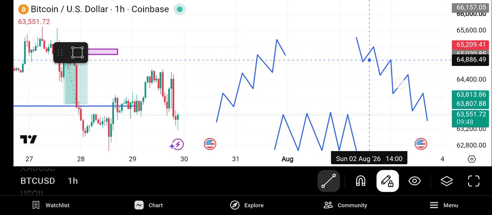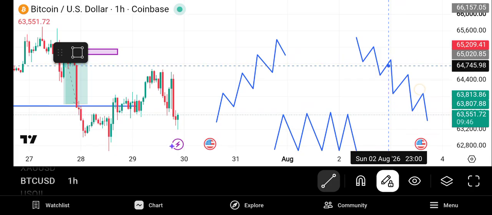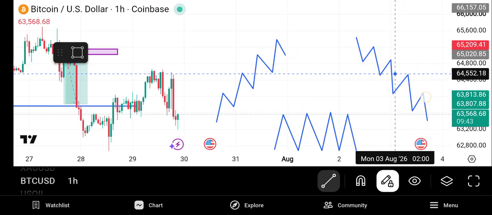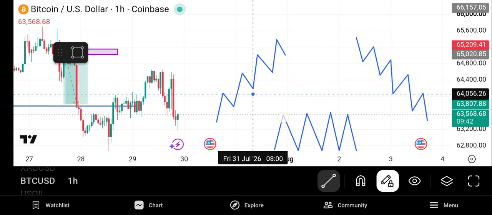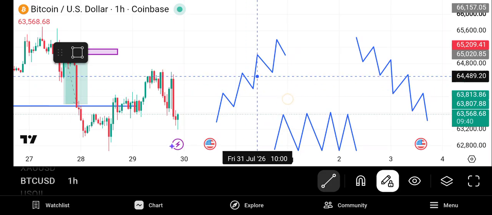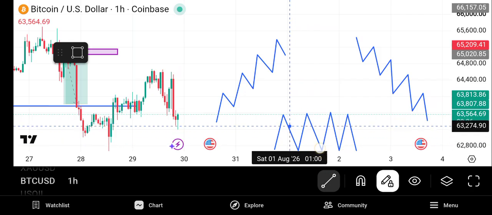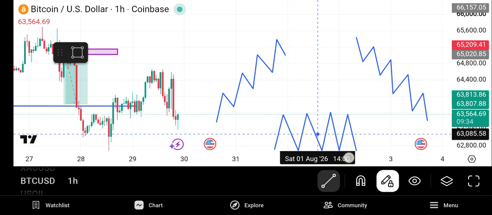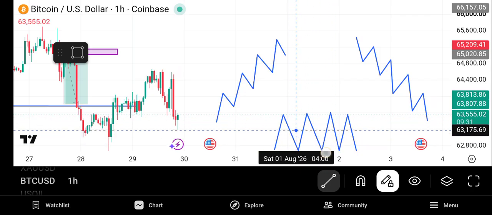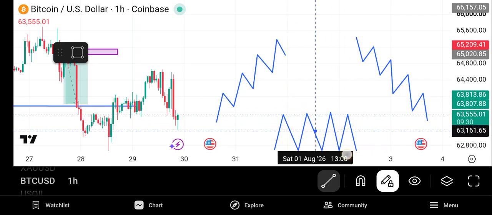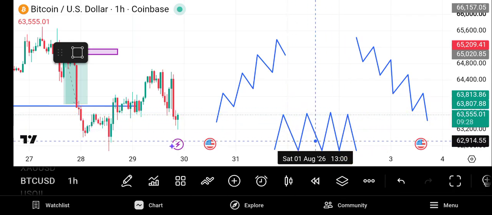If the number of sellers is much more than the number of buyers, the market will sell. If the number of buyers is higher than the number of sellers, the market is going to buy. But when the numbers of buyers and sellers are the same, the market is going to range, the market is going to consolidate. So that is it.